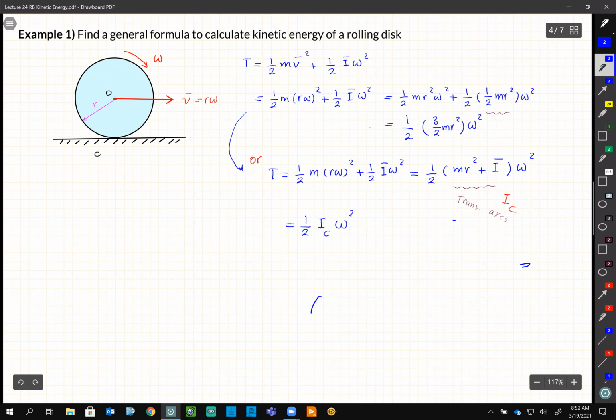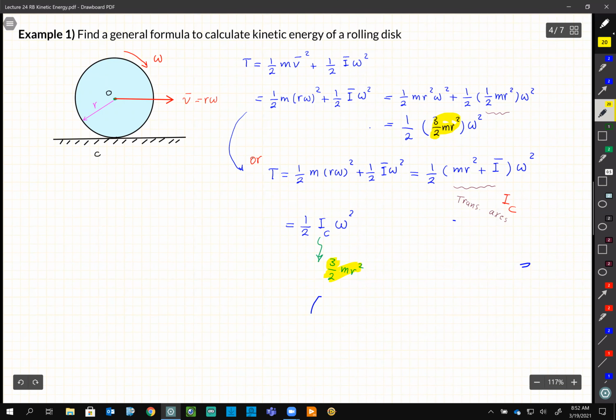And we know for a disk, if you remember, IC we calculated before. Remember that gold, 10 kilogram gold disk in lecture 21, I believe, for which we calculated IC, which was 3/2 m r squared. And as you can see, it's very similar to what we got over here.